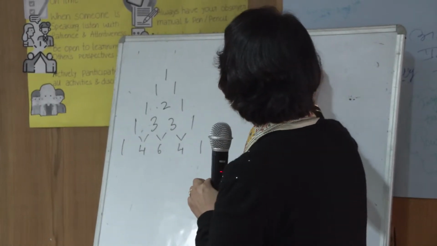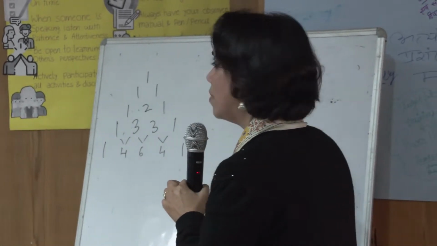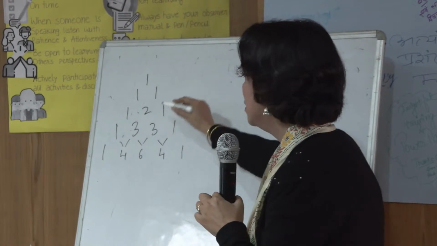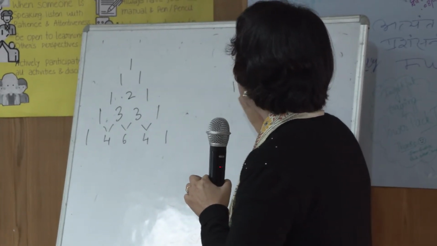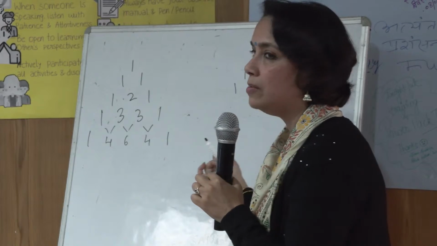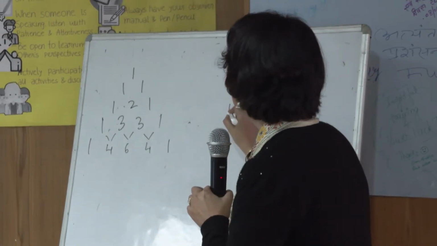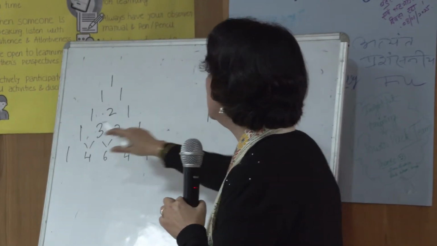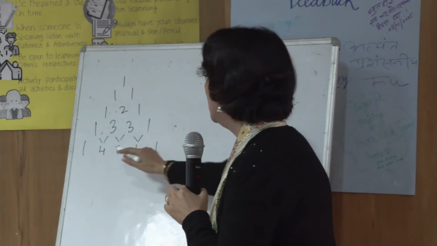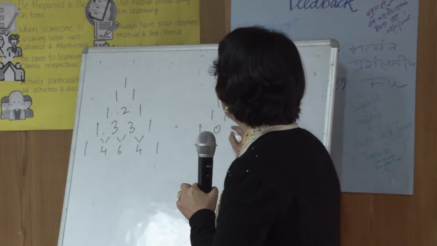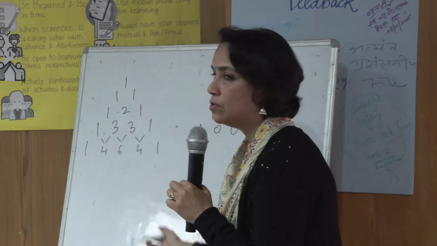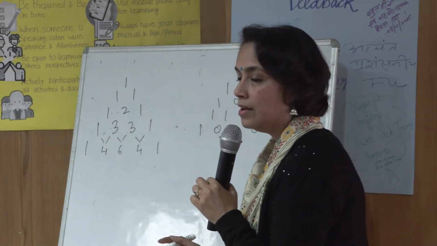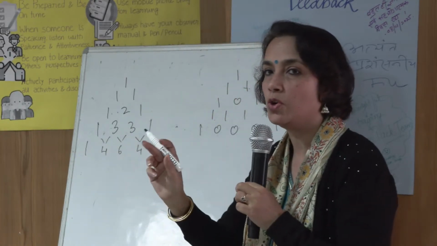So what will it become? 1, 1, then row 0, row 1, row 2. Row 2 becomes 1, 0, 1. The even number becomes 0. Next is 1, 1, 1, 1. Then 1, 3, 3, 1, all are odd. Then is 1, 0, 0, 0, 1. Now you tell me, I don't have the fifth row. What should that be? So we are doing addition modulo 2.